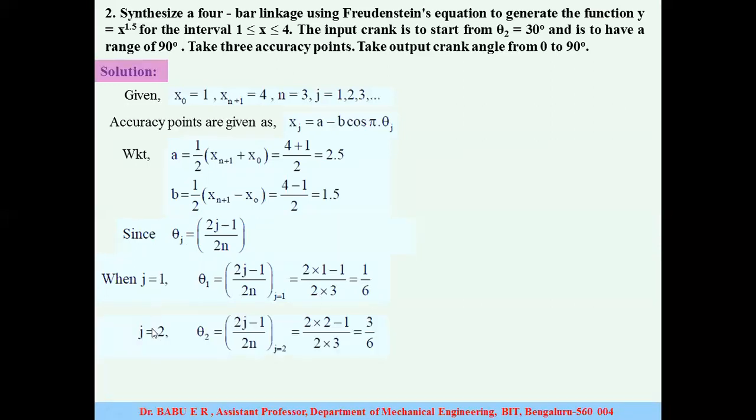Similarly, when j equals 2, theta 2 is 2 into 2 minus 1 by 2 into 3, which gives 3 by 6. Similarly, substituting j equals 3, we get theta 3 as 5 by 6.